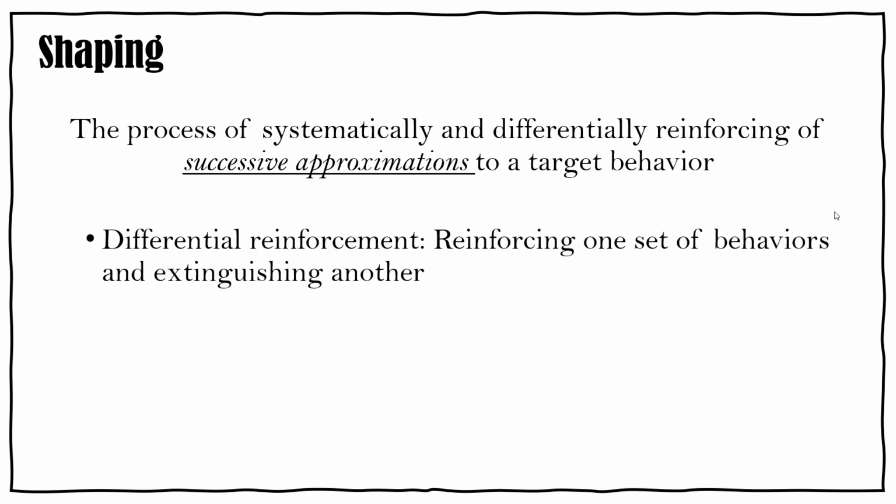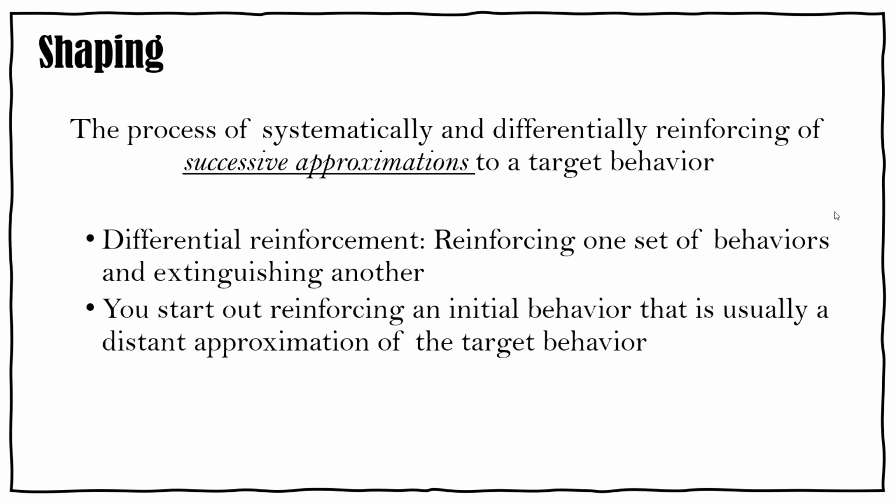And with shaping, we use what we call differential reinforcement. We've talked about differential reinforcement with regards to prompting, and with shaping, we're talking about reinforcing one set of behaviors and extinguishing another. You're going to reinforce one set of behaviors, and place another set of behaviors under extinction.